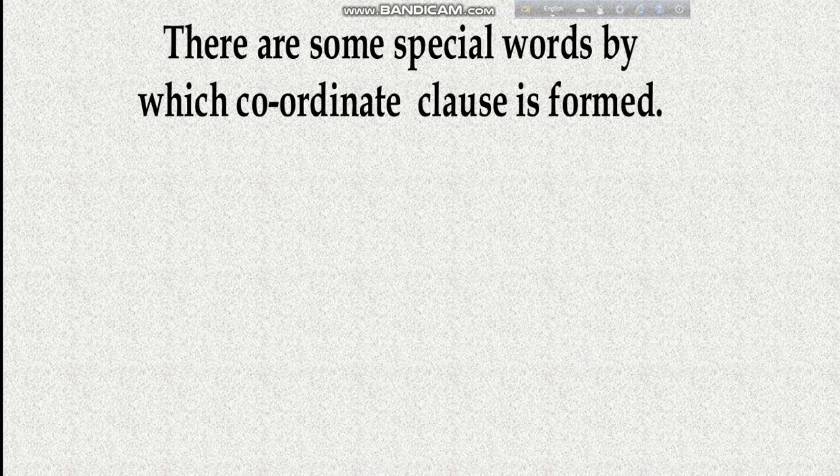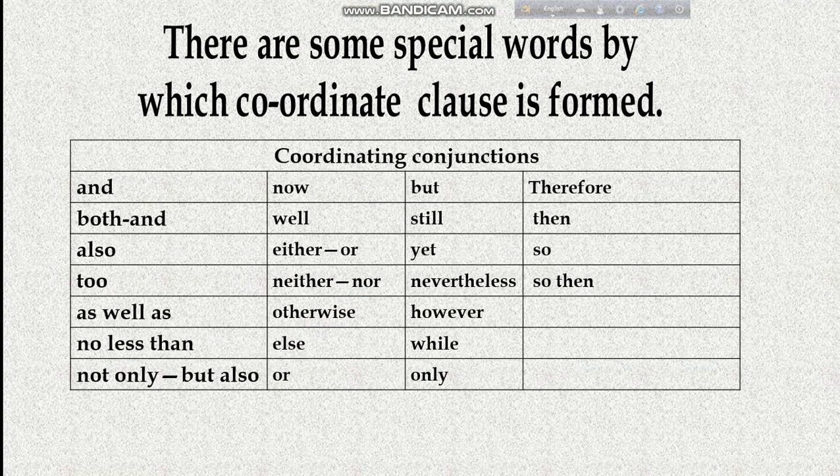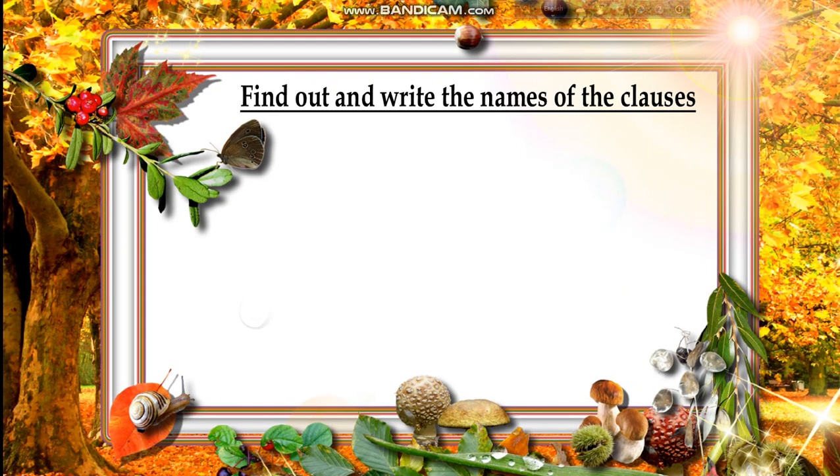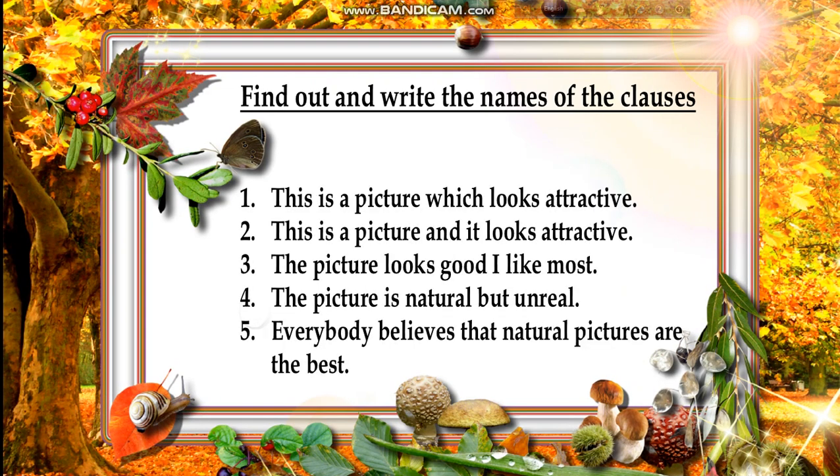There are some special words by which a coordinating clause is formed. Here you can see a table that bears the words or phrases that will be used to make up a coordinating clause.